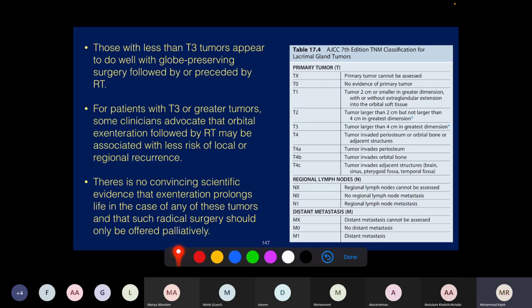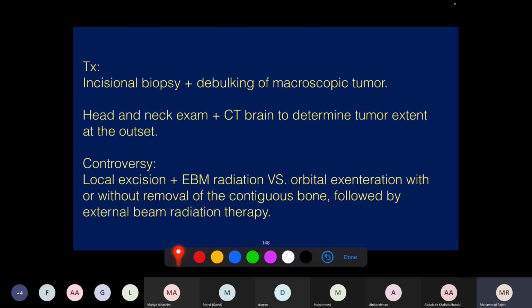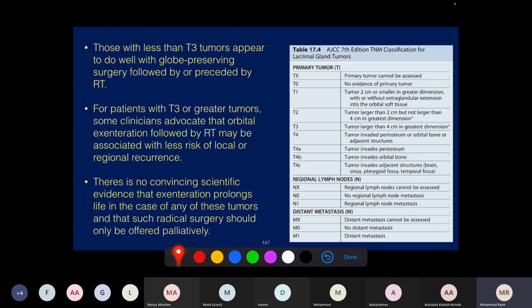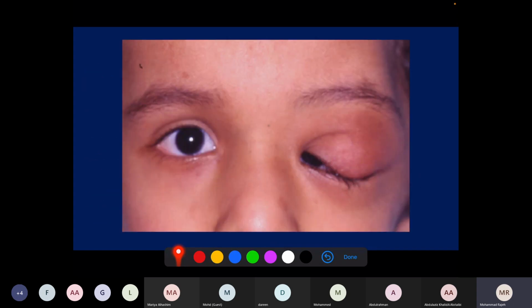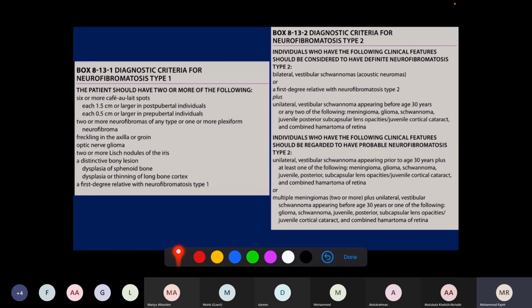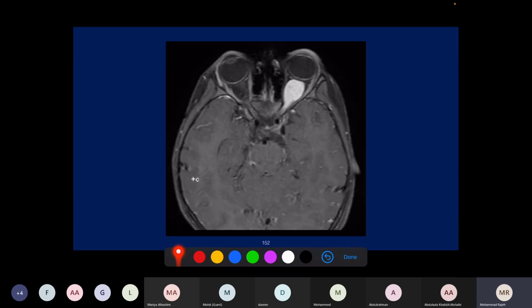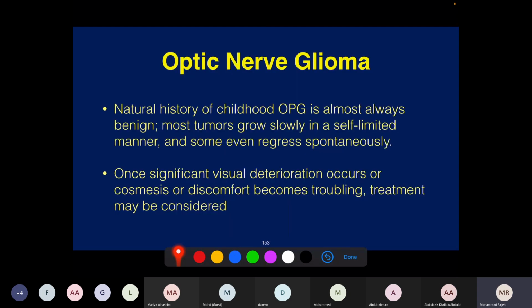Remember, we discussed this thoroughly, so you can read this pointer later when I send it to you. Neurofibromatosis, usually it's in a pediatric station. It's very important to know the criteria for each type. Also, optic nerve glioma, I think it will come in pediatric station, not oculoplastic station.